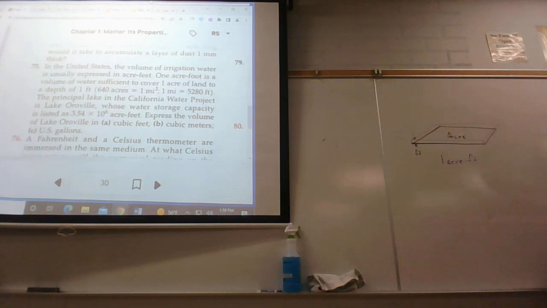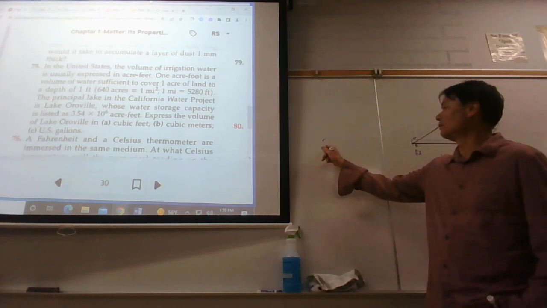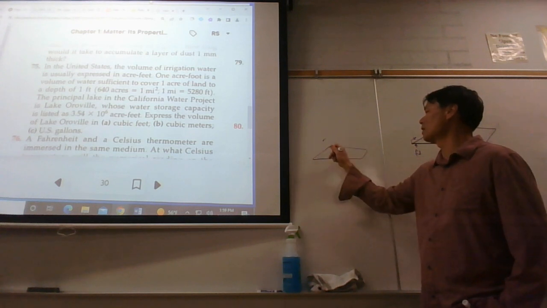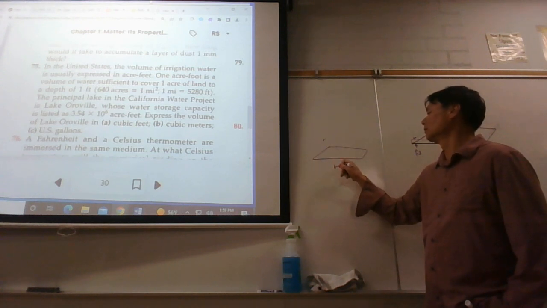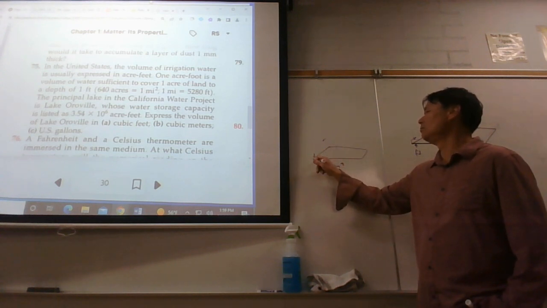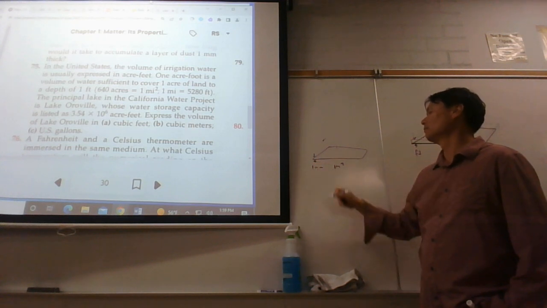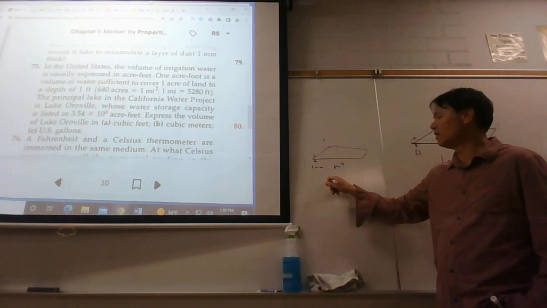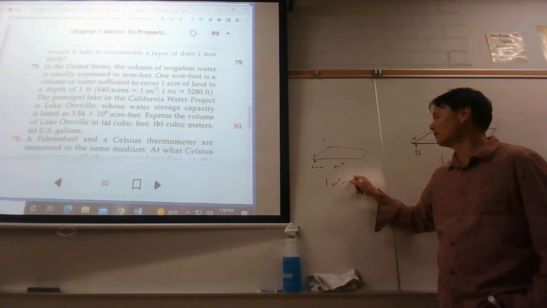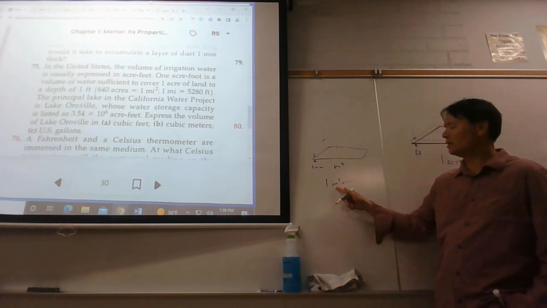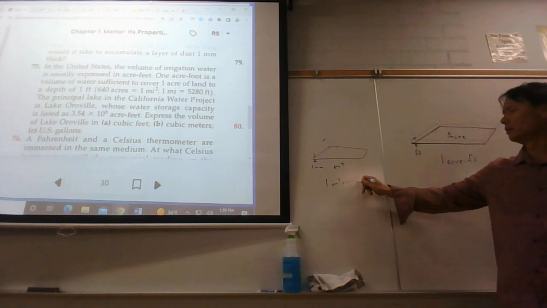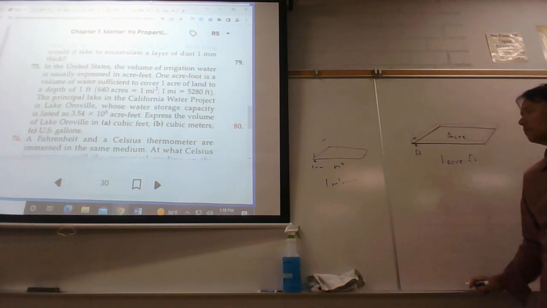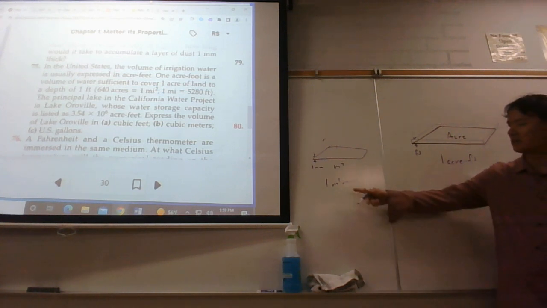That's it. And so this is like the earlier problem where we had 1 square meter covered in a depth of 1 millimeter. And so the volume, if we left it as is, would be 1 meter squared millimeter. The area is meter squared, the depth is millimeter, so this would be a composite unit.